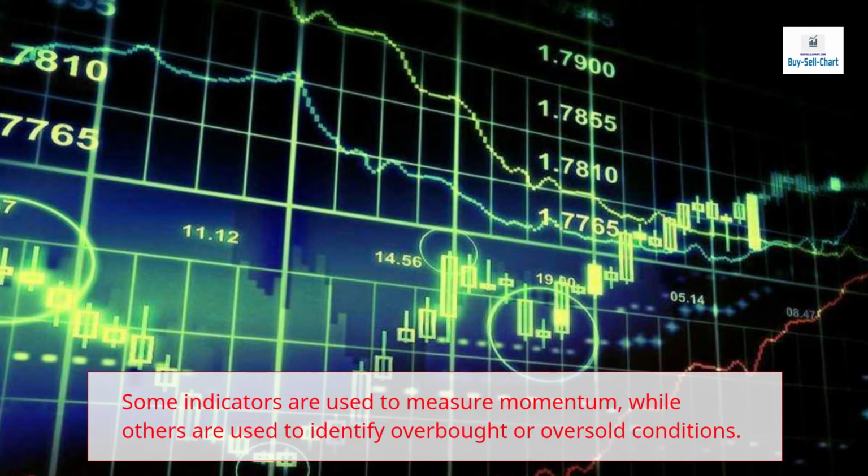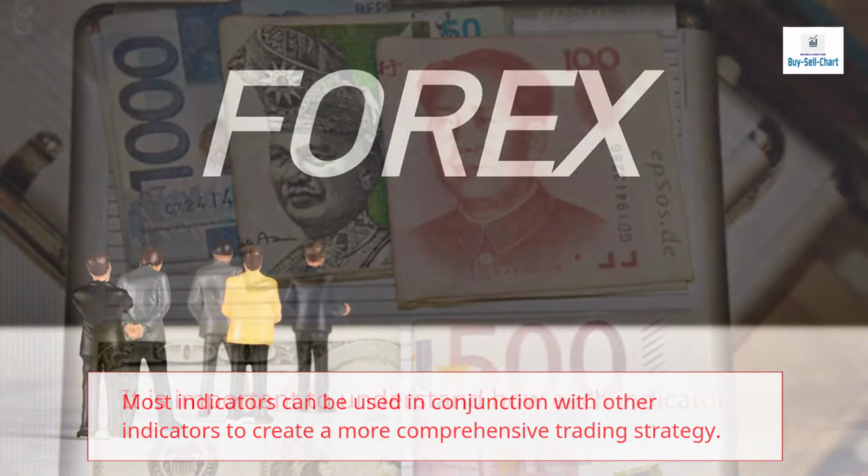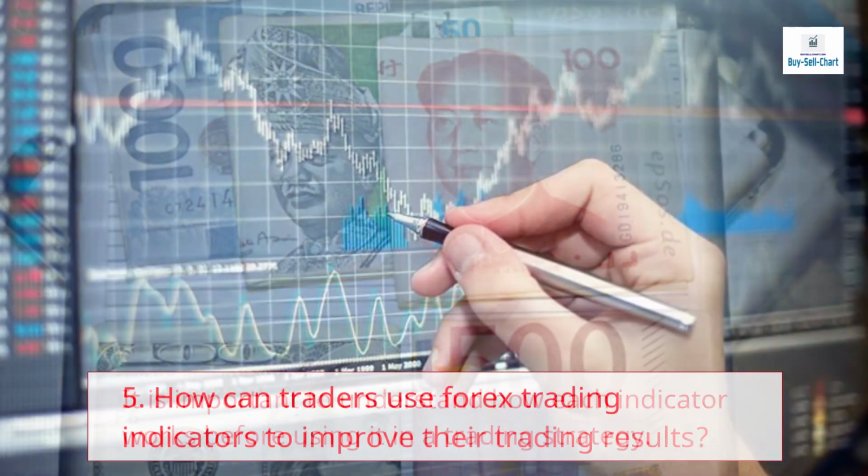Some indicators are used to measure momentum, while others are used to identify overbought or oversold conditions. Most indicators can be used in conjunction with other indicators to create a more comprehensive trading strategy. It is important to understand how each indicator works before using it in a trading strategy.